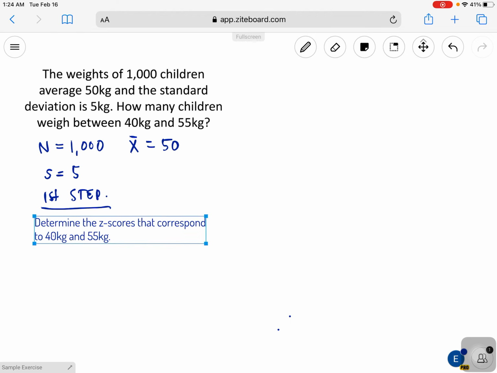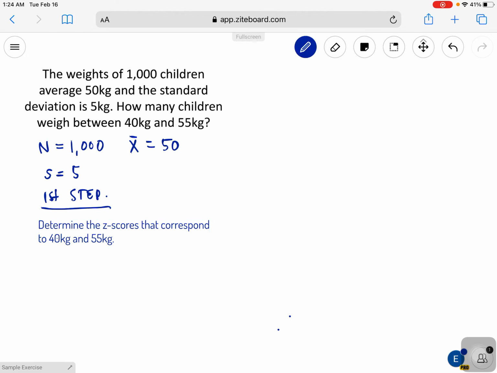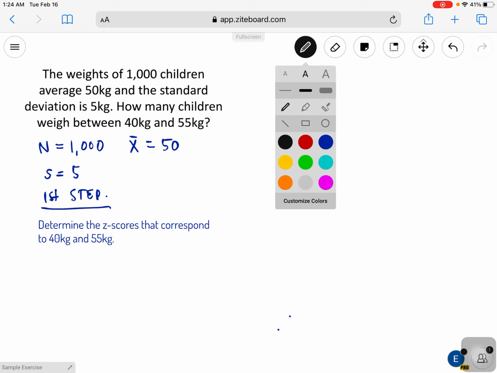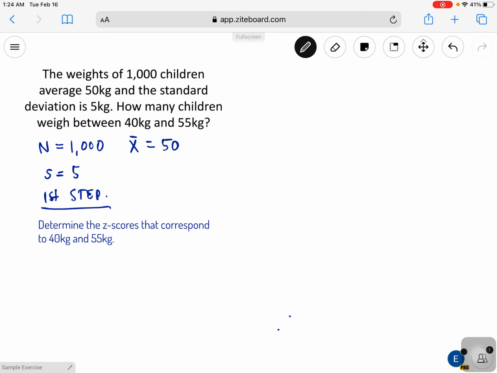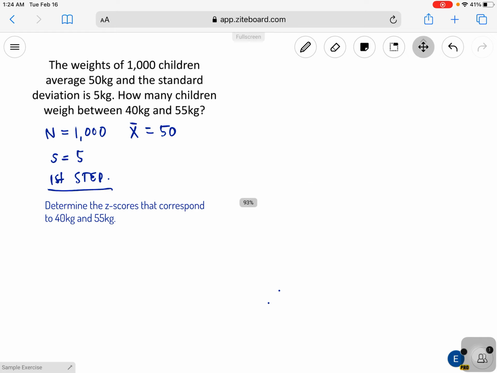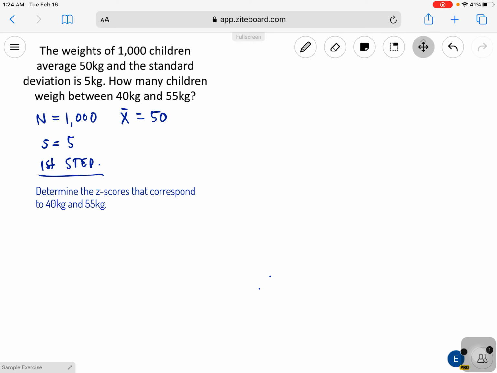So we have this formula, the z-score formula for sample data.